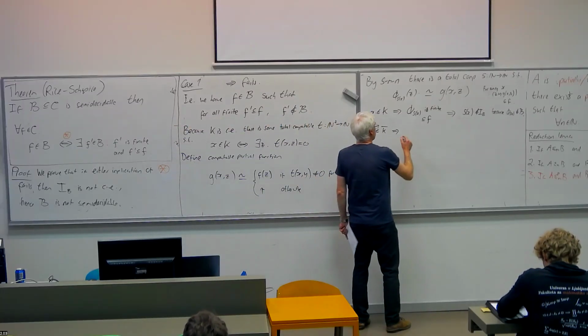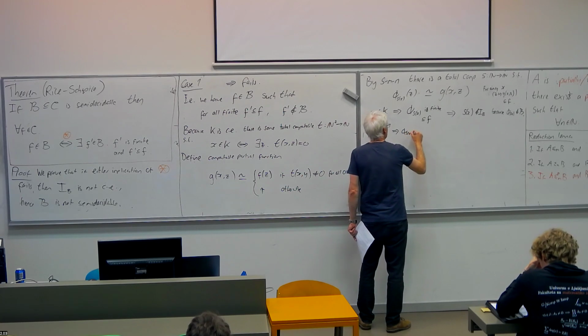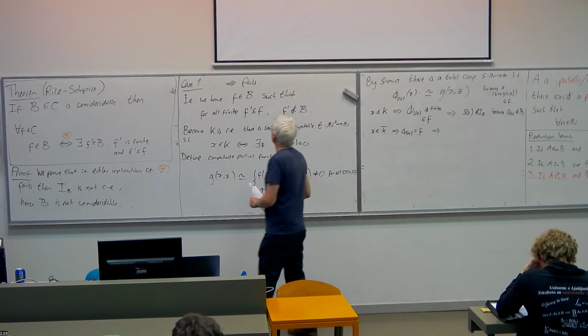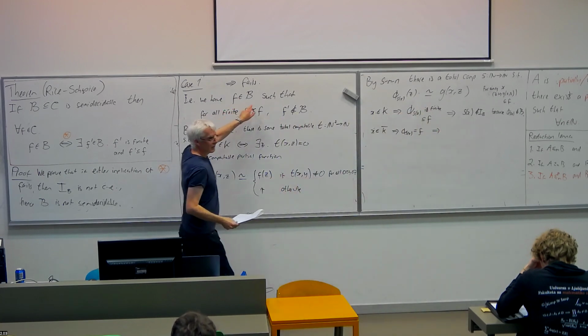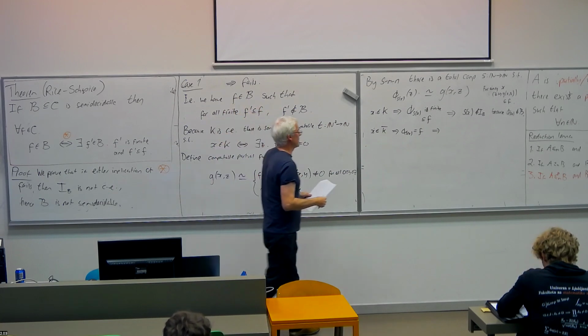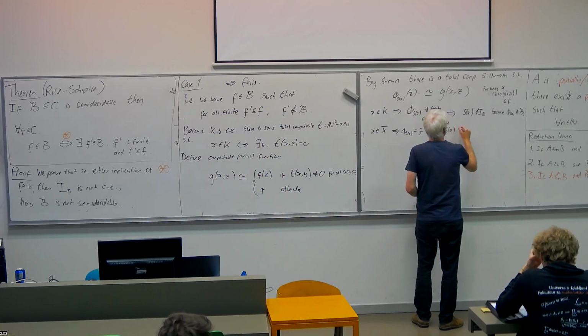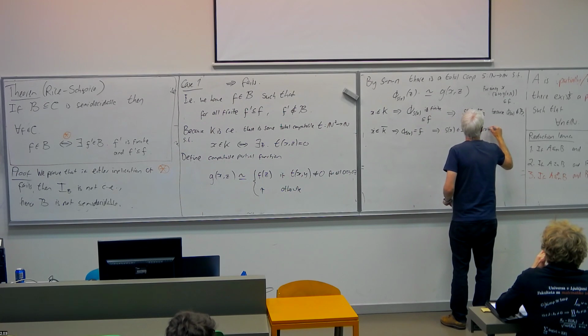So in other words, phi of S of x equals f, which implies, well, we assumed at the start that f belongs to B, that S of x belongs to I sub B.